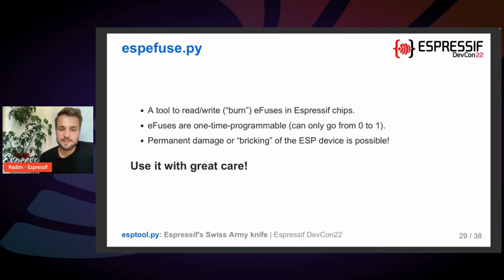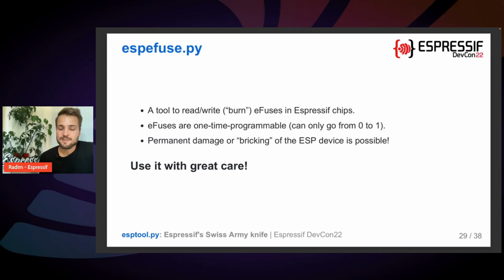For instance, espefuse.py allows you to read or write or burn eFuses in Espressif chips. So what are eFuses? eFuses are one-time programmable bits which are actually in the ESP chip itself, and they can be burned only once. They can go from 0 to 1, but not back.